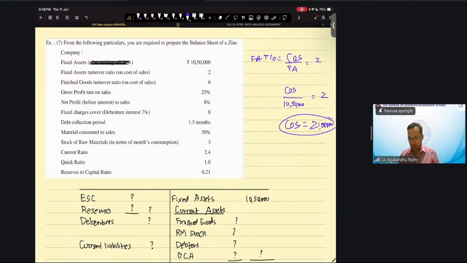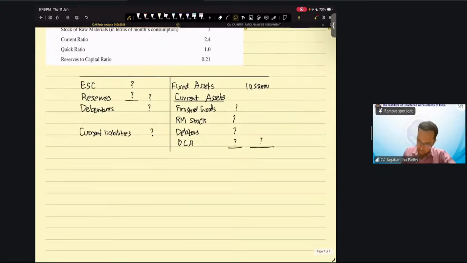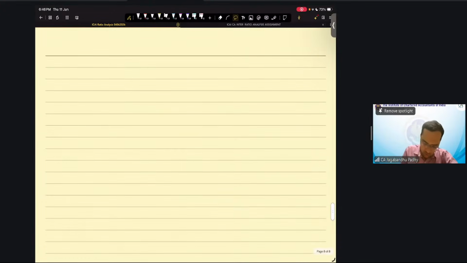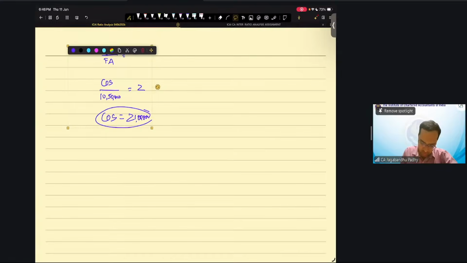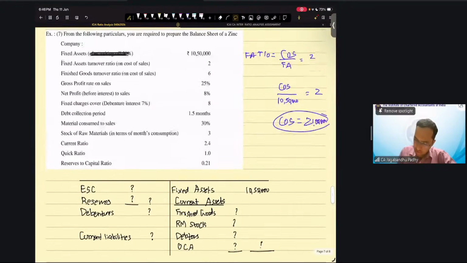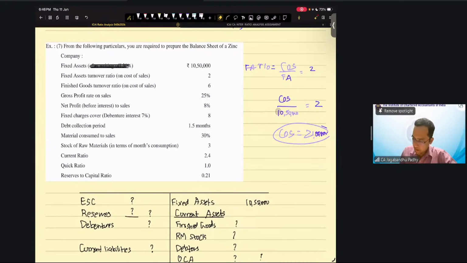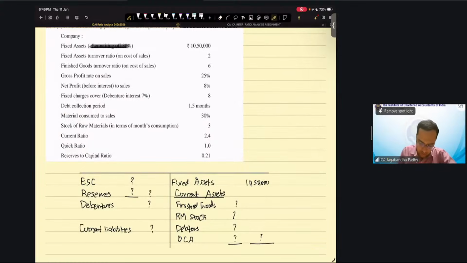Once you have computed the cost of sales to be 21 lakhs, we can use it for computing the finished goods and other items. Cost of sales is not something that will go into the balance sheet; that will be used for finished goods.